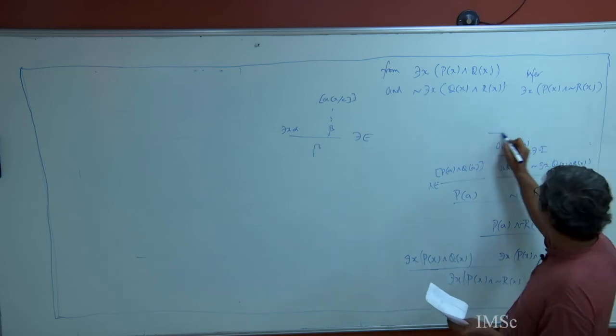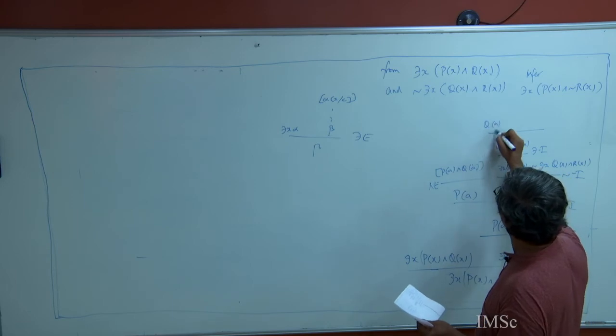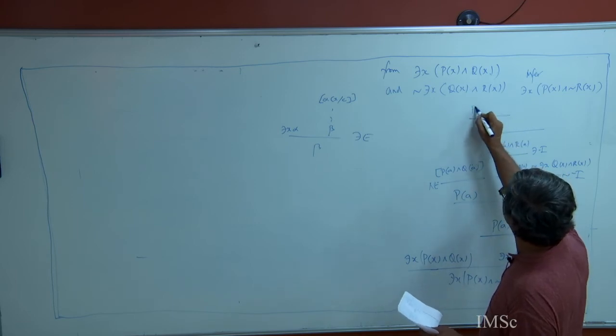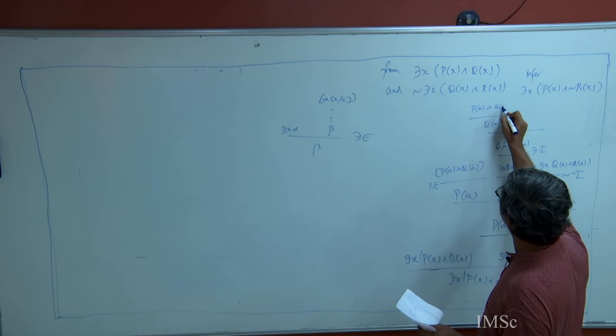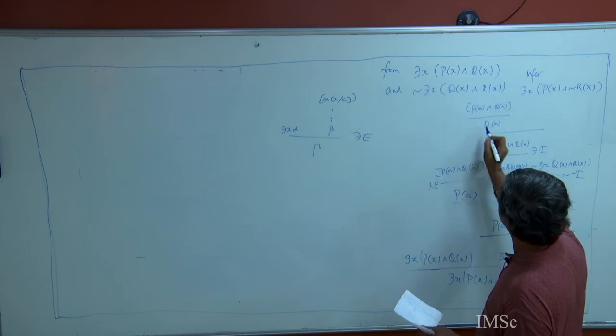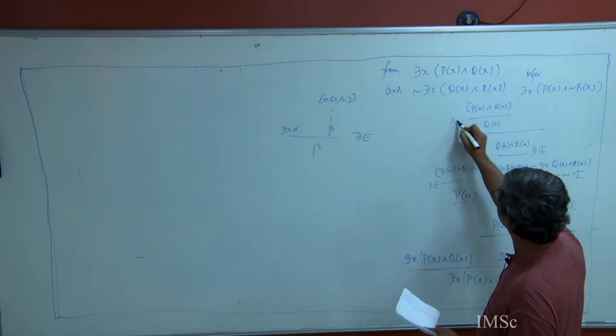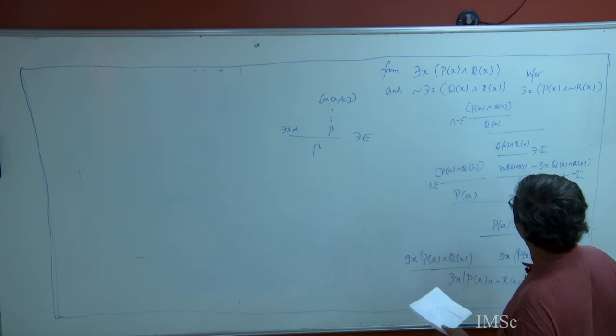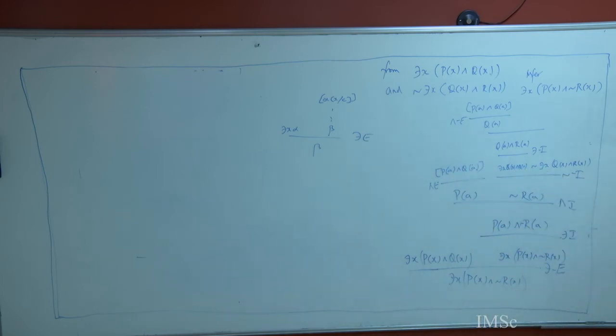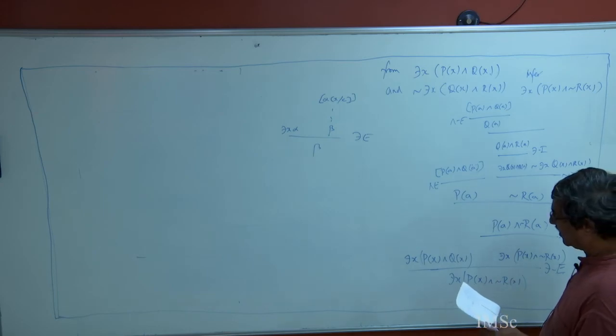Now QA I can derive from PA and QA. Remember, this is the assumption that I am discharging. That's AND elimination. And what about RA?